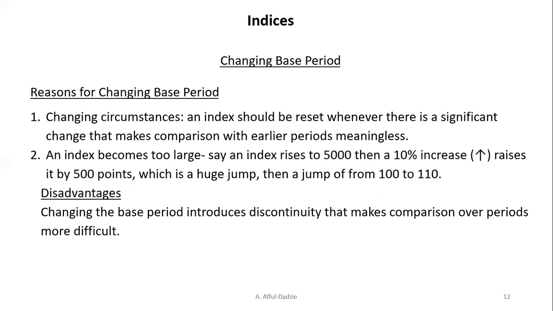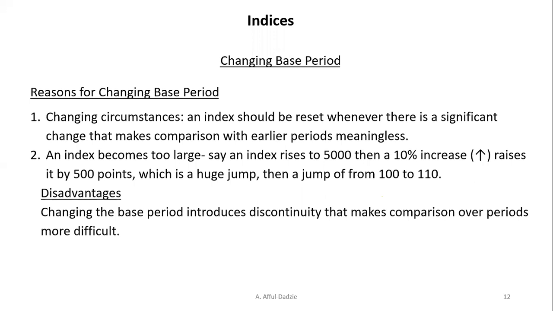So based on that event, our base period was changed to 2006 from 92. I don't know if currently it has been changed, so maybe till now it is still 2006 or maybe some other period. But there must always be a certain good reason behind changing the base period so that it makes more meaningful sense.